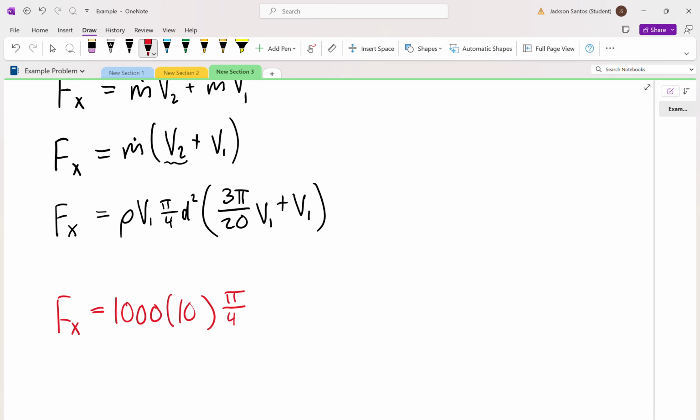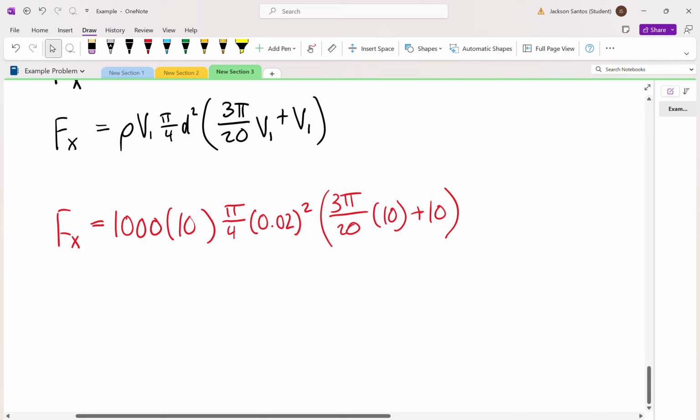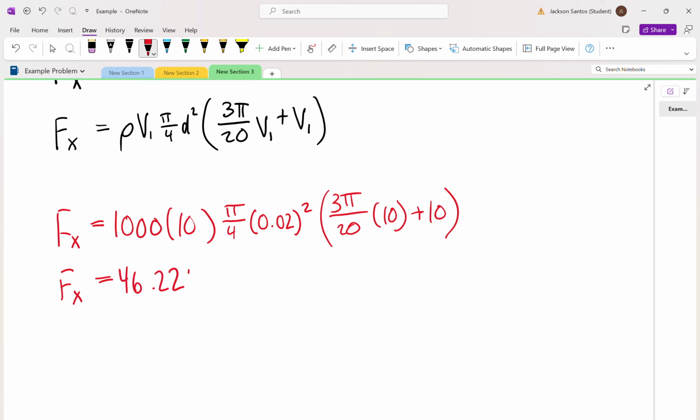Our diameter is 2 centimeters, which is going to be 0.02 meters squared, times 3 pi over 20 times 10 plus 10. And then solving this, we're going to get that the force required to keep the block in place using these variables is 46.22 newtons.